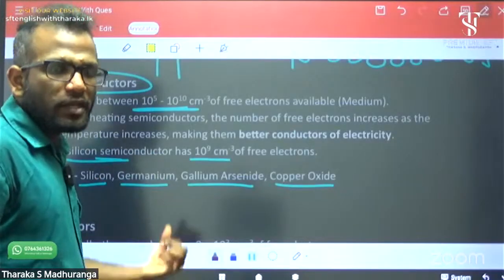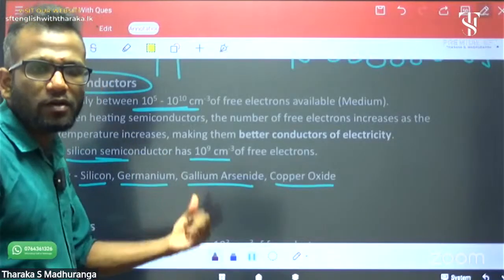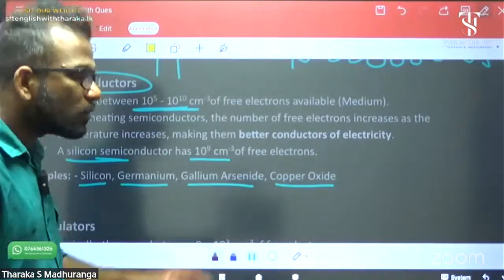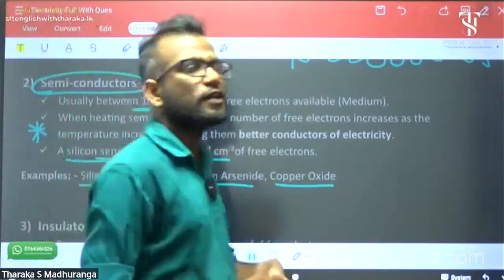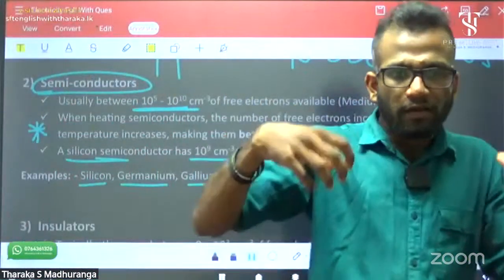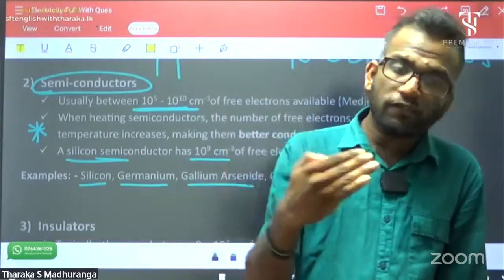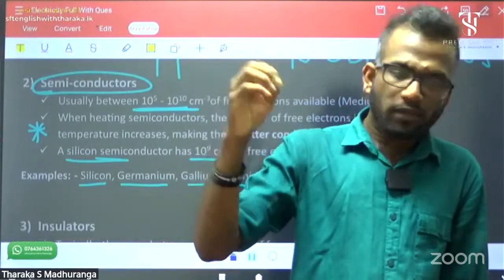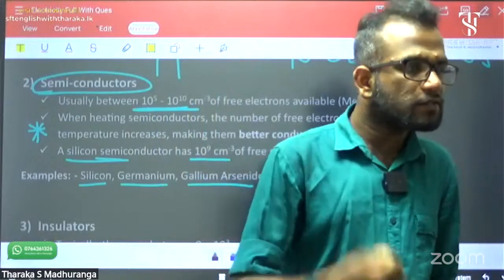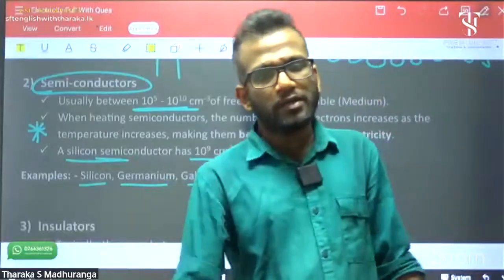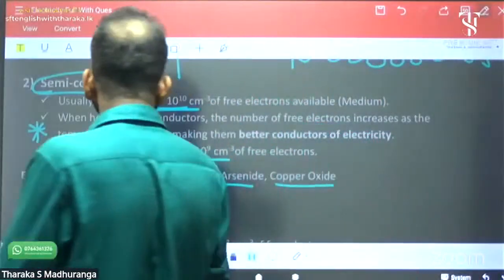Silicon, germanium, gallium arsenide, copper oxide. They have a medium level of free electrons. That's why their conductivity is medium. But with temperature, we can increase the conductivity. We can discuss that in the next part. Semiconductors mean medium level conductors. Remember? Understood?